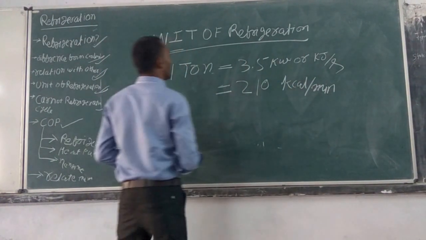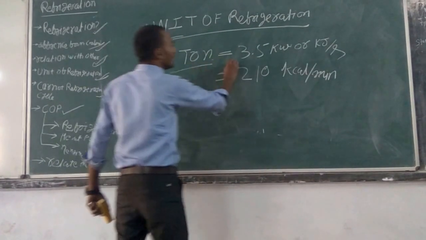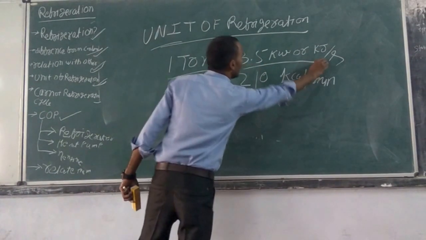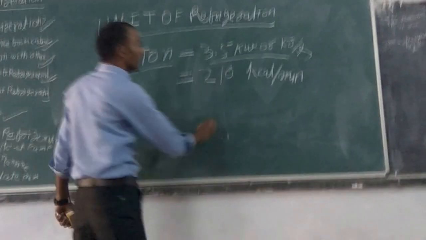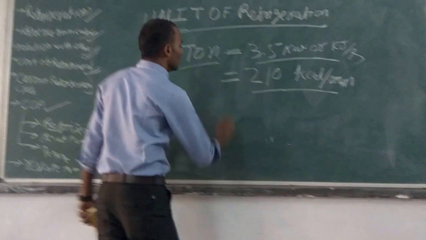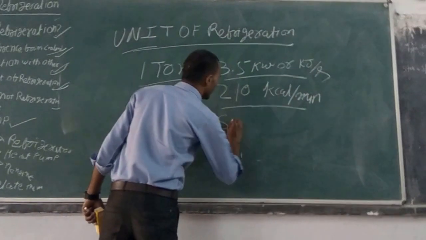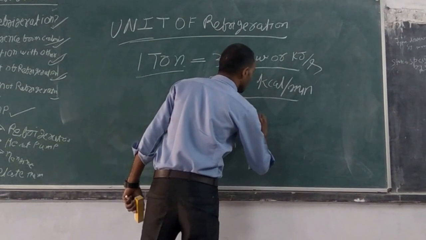So these are the units of refrigeration. 1 ton of refrigeration is equal to 3.5 kilowatt or kilojoule per second, and 210 kilocalorie per minute, or 50 joules per second.